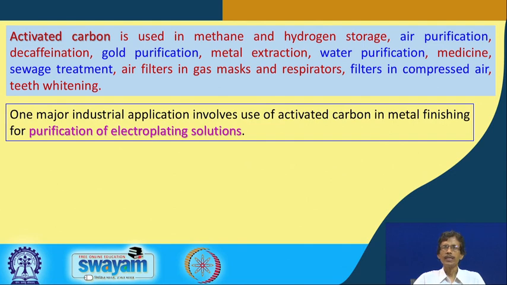Initially we have the corresponding solutions of the nickel salt, silver salt, or gold salt. But if we get those directly from the industry, they may not be very pure unless we get them in pure form from bottled chemicals. So, they can be purified once you pass the electroplating solutions through activated carbon.